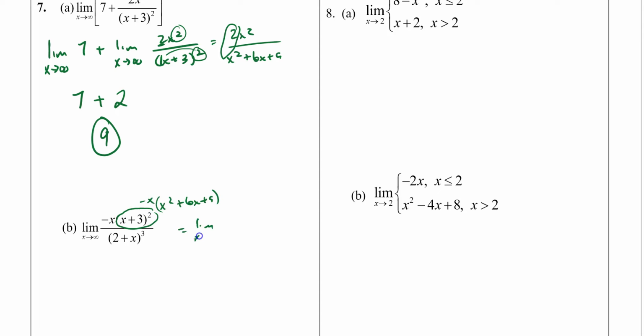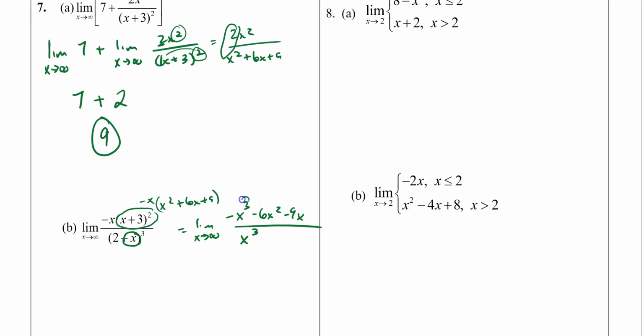So we're left with negative x cubed minus 6x squared minus 9x all over 2 plus x quantity cubed. If I expand that all out, I can do the whole expansion, but all I really care about is that lead coefficient, which we can see is a 1x. Eventually that's going to get cubed, and I'm just going to be left with x cubed.